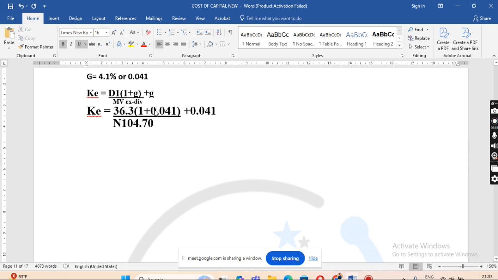So you add the bracket, you multiply by 36.3, divided by 104.70, plus 0.04. What do you have? What is the cost of equity, class?